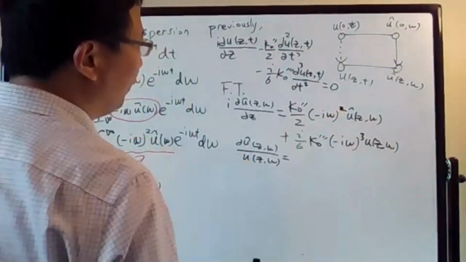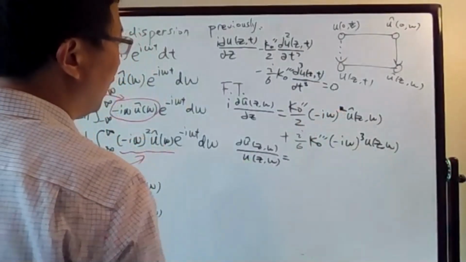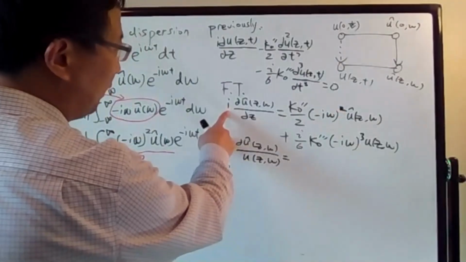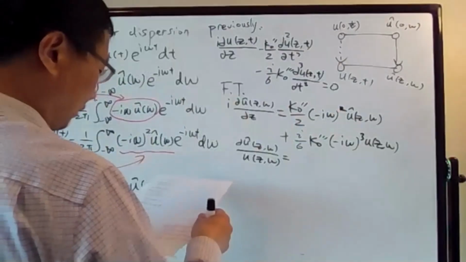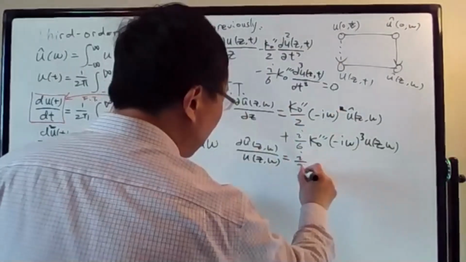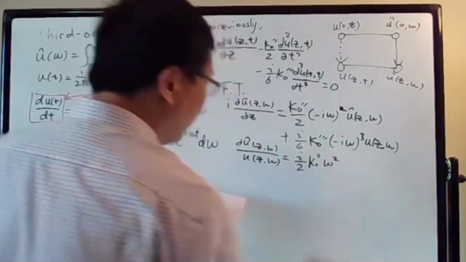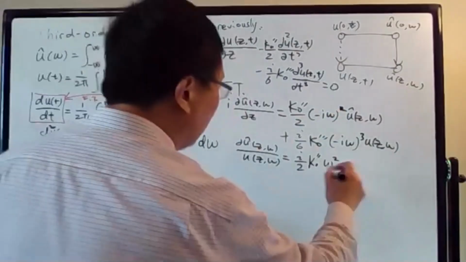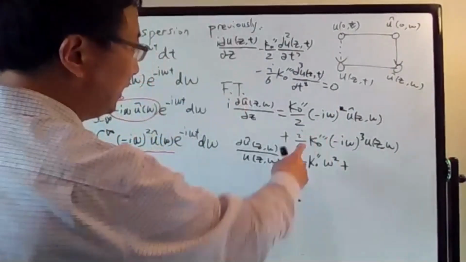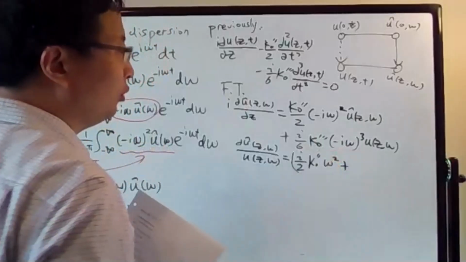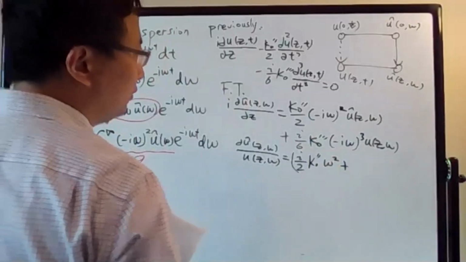the square of negative i omega. This will be negative. Let's multiply negative by omega on both the left and right hand side, so it becomes positive i over 2 k naught double prime times omega squared. Then let's add the second term, negative i cubed, which becomes i.